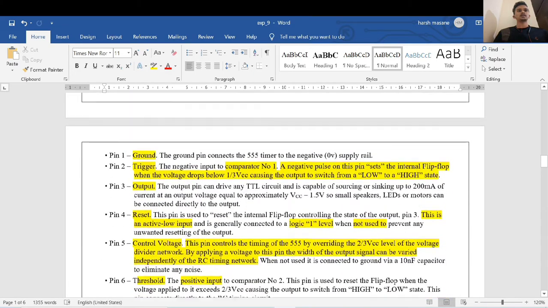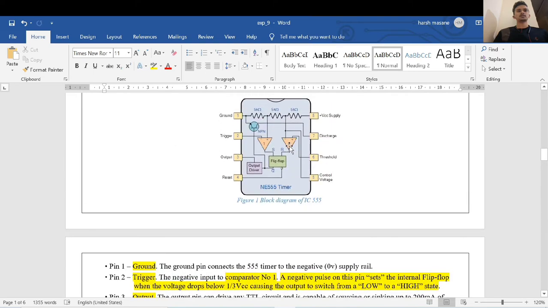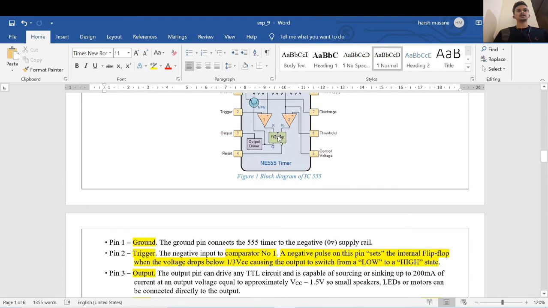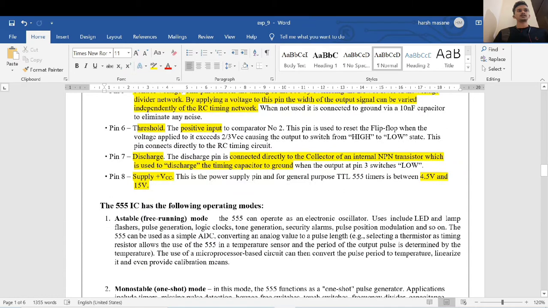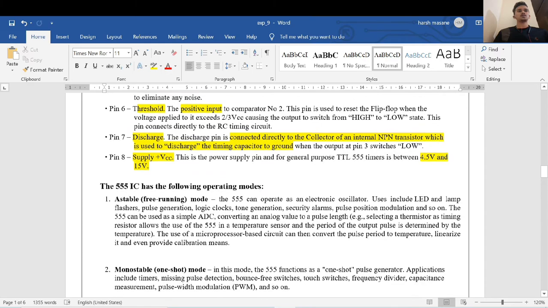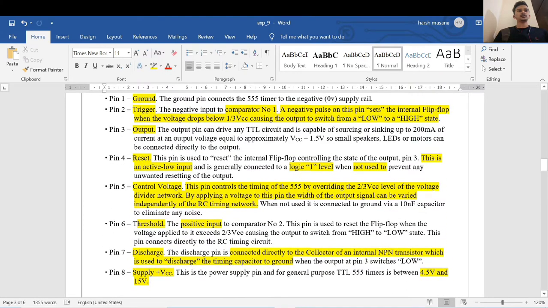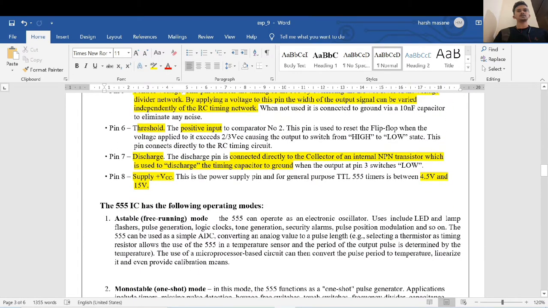So here the comparator 2 gets turned on and it will reset the flip-flop. So the next pin is the discharge. This pin is directly connected to the collector of the transistor, which is used to discharge the timing capacitor to ground. And the last pin, the 8th pin, is the supply voltage plus VCC, which is between 4.5 volt and 15 volt.